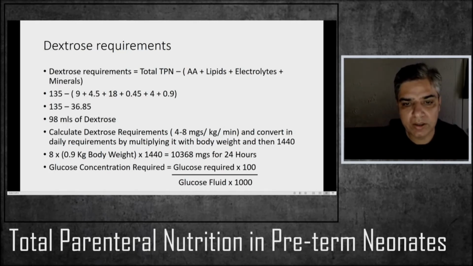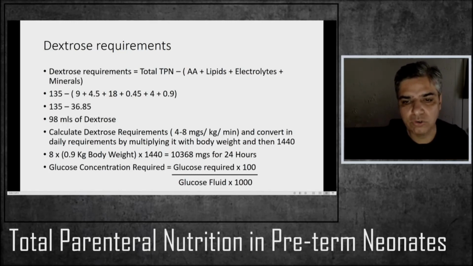For that, the formula is the glucose required in milligrams multiplied by 100, divided by the glucose fluid, which is the amount that you would be using for the dextrose, multiplied by 1000. So the glucose required in this particular example is 10,368. So 10,368 multiplied by 100, divided by the glucose fluid required in this case, that is 98 mLs, multiplied by 1000.